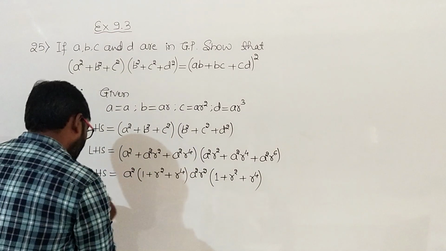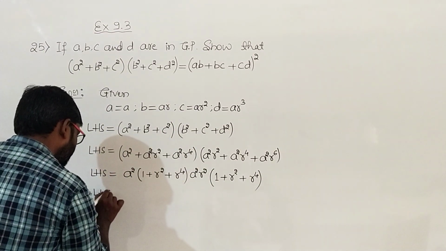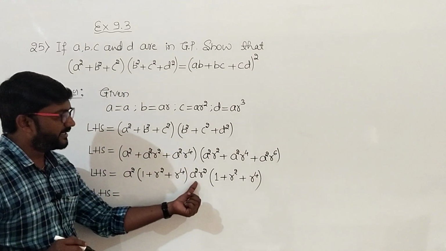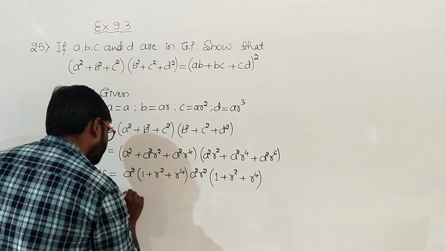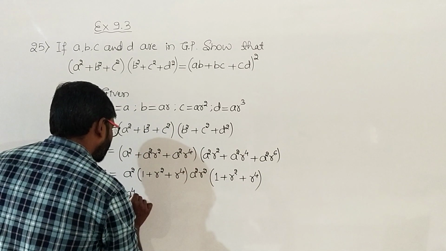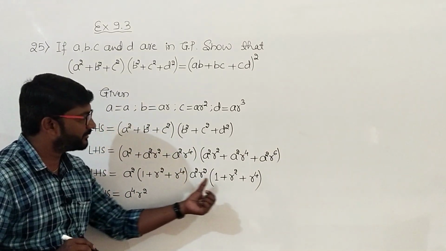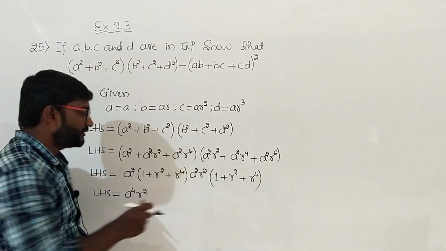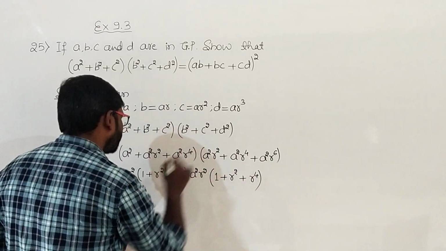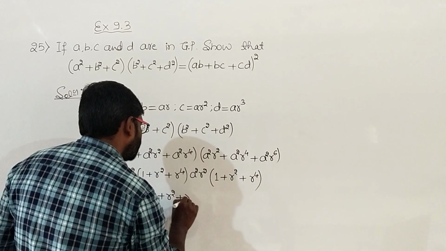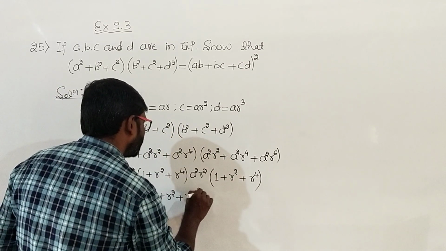So now LHS is equal to A square into A square will be A raised to 4, and then R square as it is, and then 1 plus R square plus R raised to 4, and here 1 plus R square plus R raised to 4. So we have two same terms, that means we get the square, 1 plus R square plus R raised to 4 the whole square.